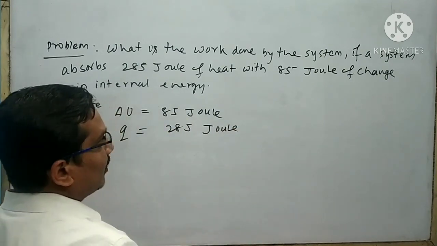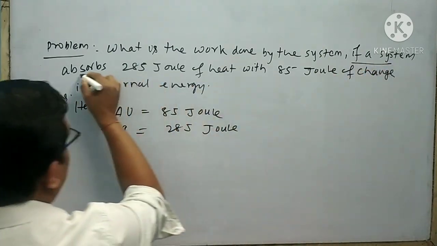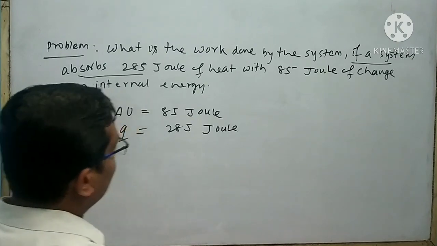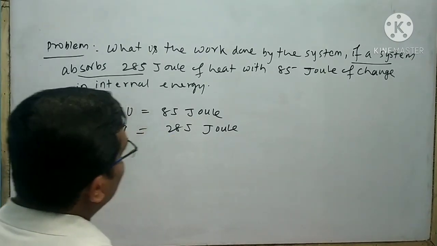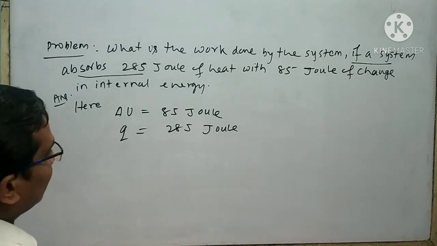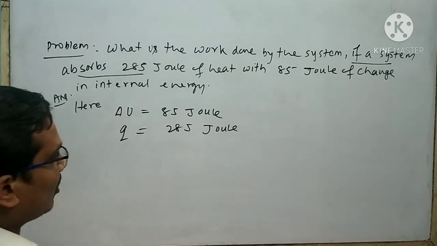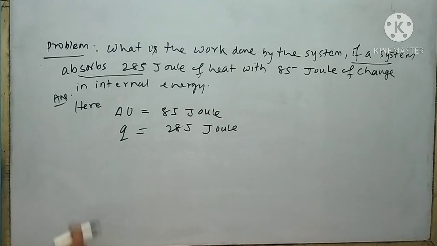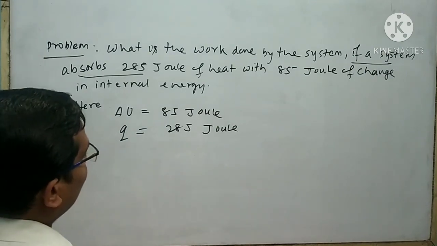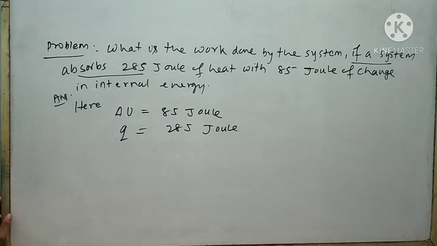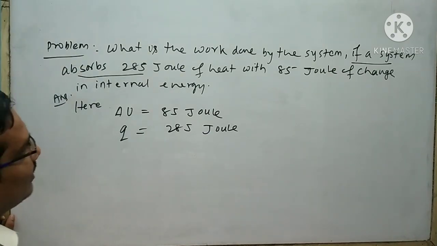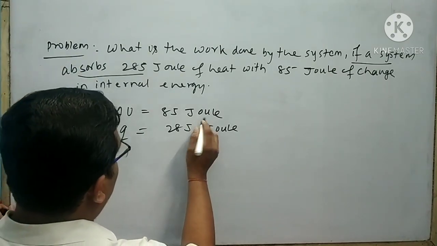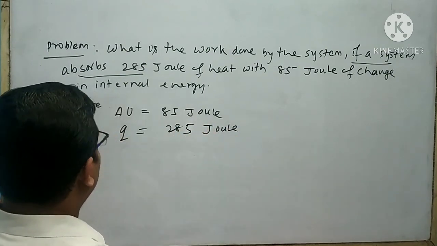Look at that. If a system absorbs 285 joule, this sentence clearly indicates that the system absorbs energy. We know that when a system absorbs energy, then the value of Q must be written with a positive sign. That means here I can write Q equal to 285 joule.